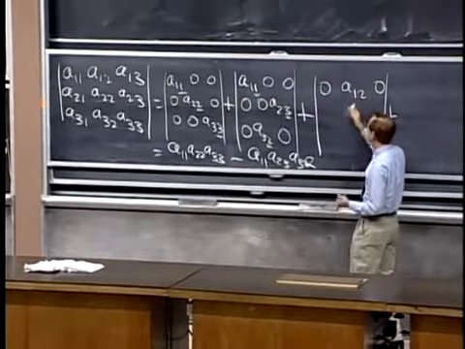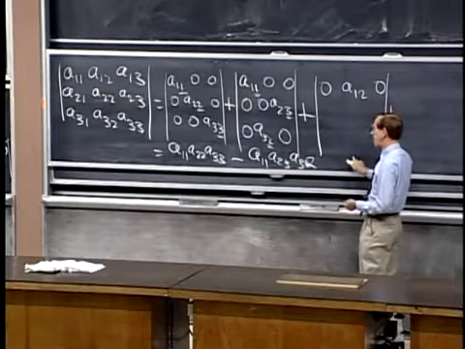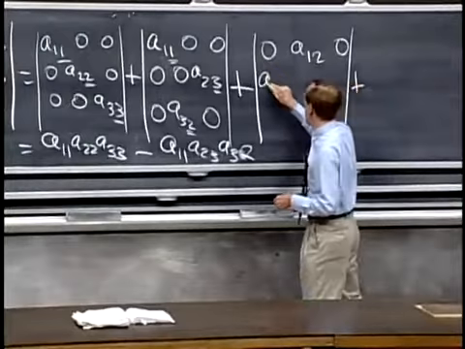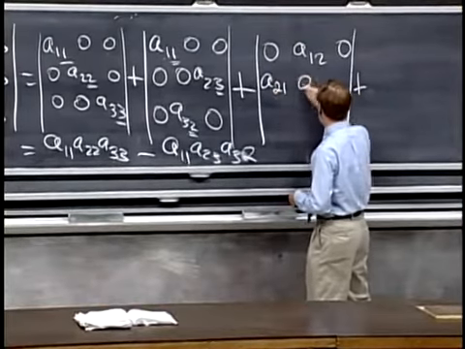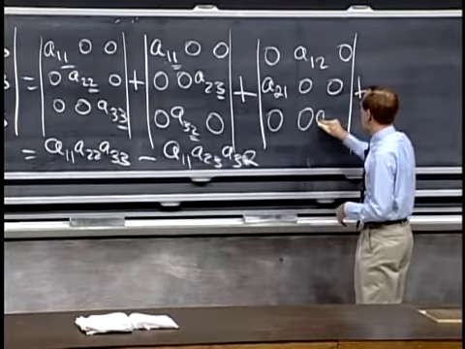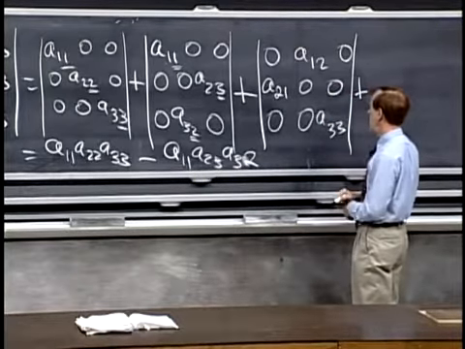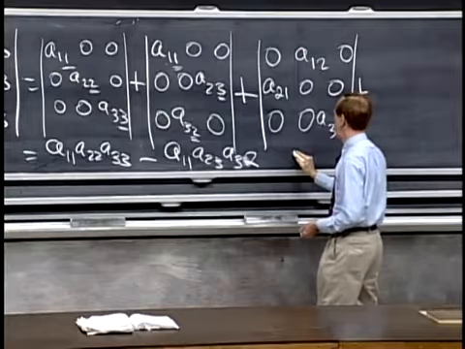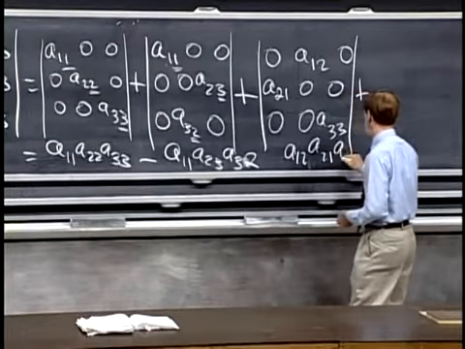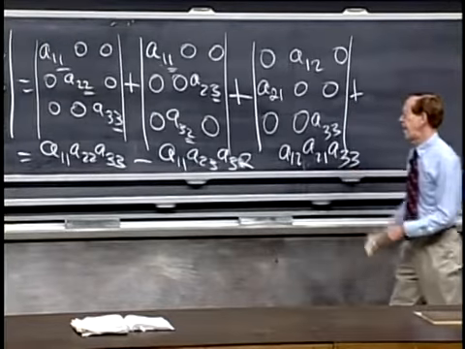And now if it's A12, that row is used, that column is used. You see the idea? Now that column is used, that column is used, and this guy has to be here, A33. And what's that determinant? That's an A12 times an A21 times an A33. And does it have a plus or a minus?